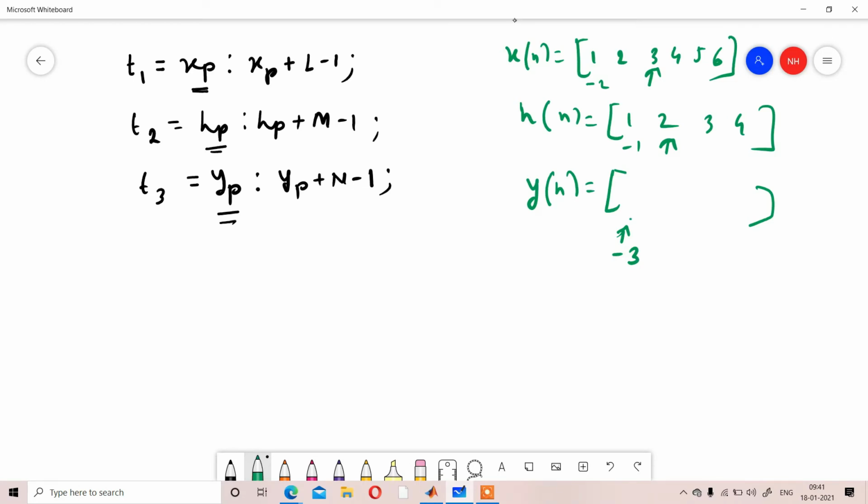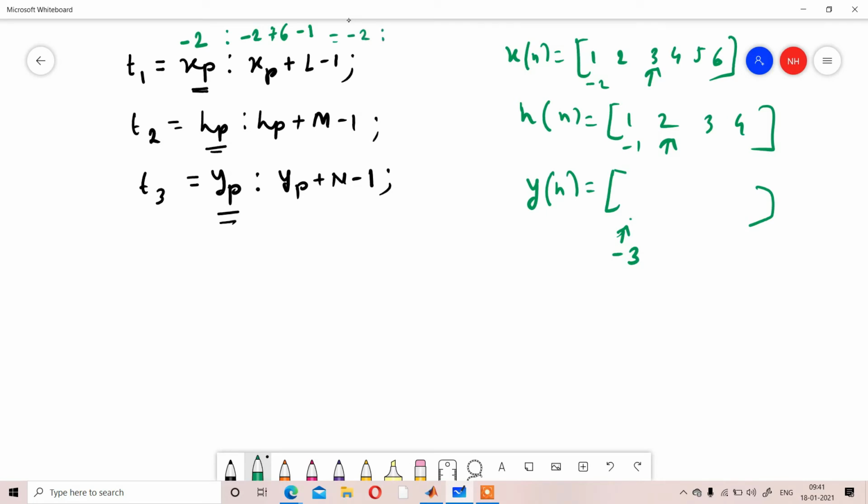So obviously xp is minus 2, the starting index. As we have written the code, we ask initially with xp input to enter the index position of the first sample. So for that case you have to put xp equal to minus 2. It will go from minus 2 to minus 2 plus the length of x, which is 6, minus 1. So 6 minus 3, that is 3.